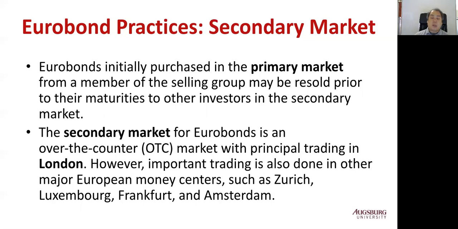The secondary market for Eurobonds is an OTC, over-the-counter market, usually with preferred trading in London. So London has a big market. Some other European countries such as Zurich, Luxembourg, Frankfurt, and Amsterdam, which are the major European money centers, also have some trading, but mostly the London market is the biggest.